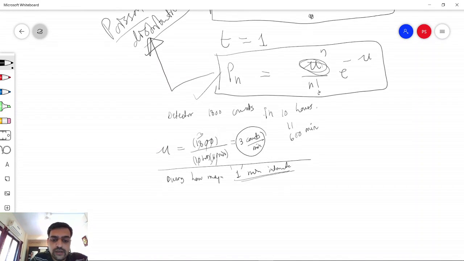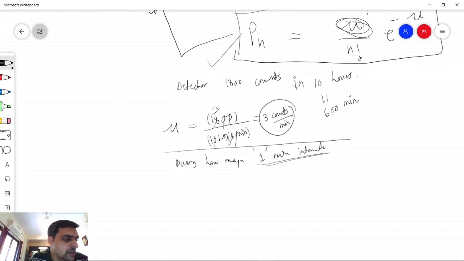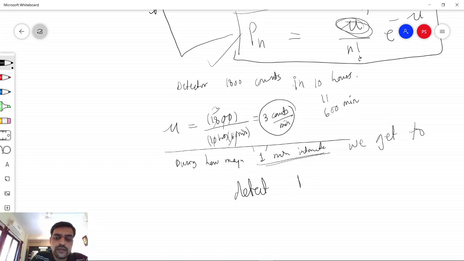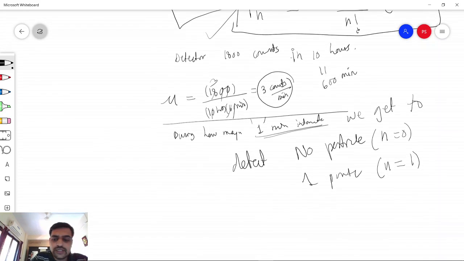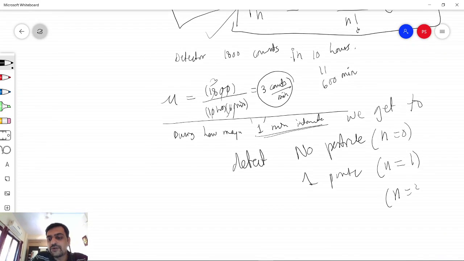During how many 1 minute intervals do we detect no particle, that is n equal to 0, one particle, that is n equal to 1. Of course, this can be done for further values, n equal to 2, n equal to 3 and so on.